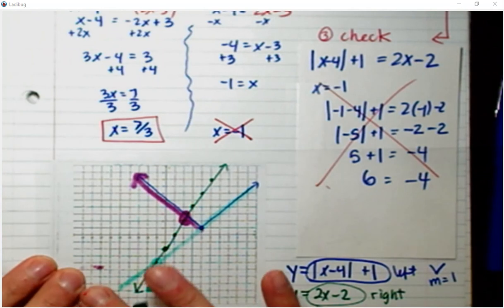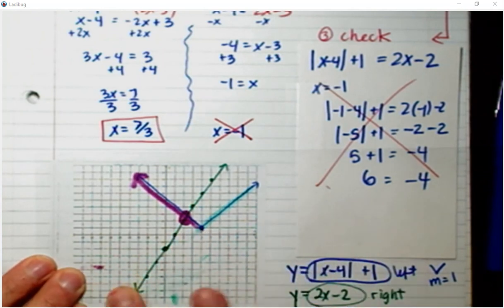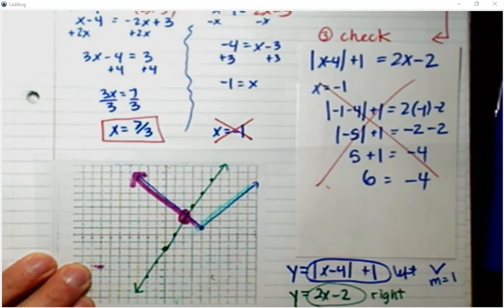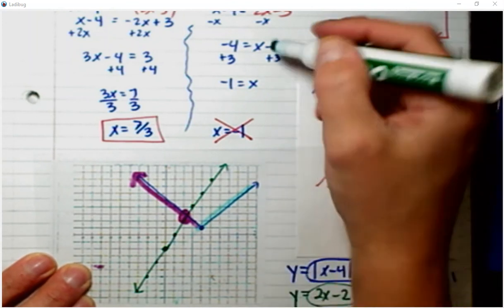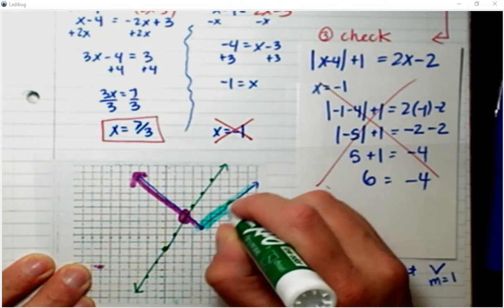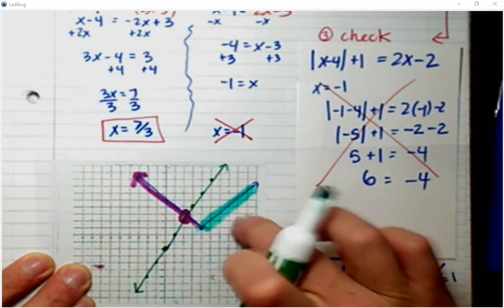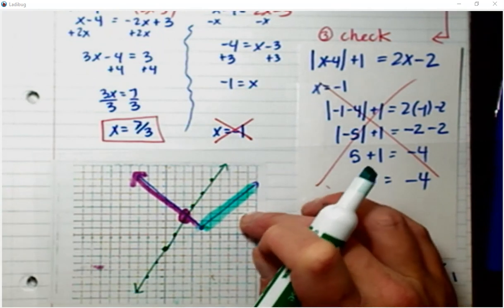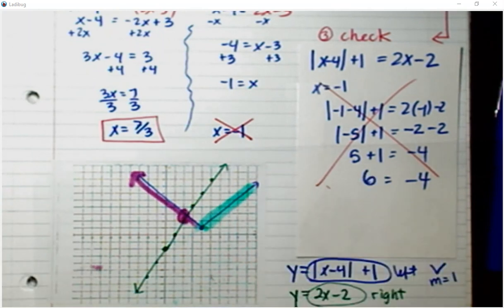Anyway, I'm going to erase it because that is not something you need to know. But just look at the connections on where it checks and where it doesn't check and how you can use graphs to help you do that. Notice that the right side was the side that did not get a solution, and you can see how this is the piece that does not intersect. Okay? So, there you go. That is the end of your 2.3.